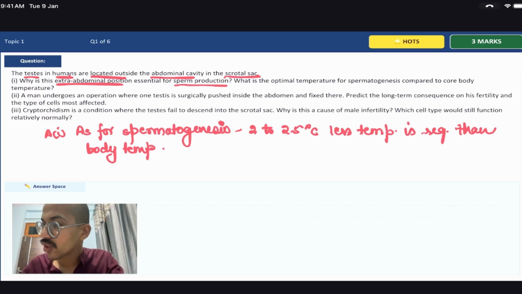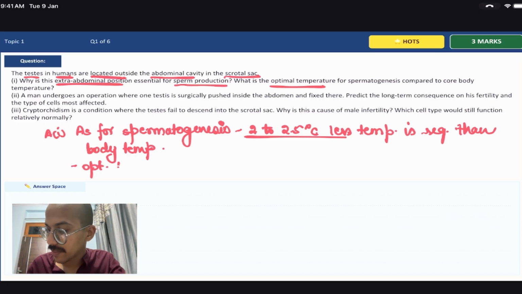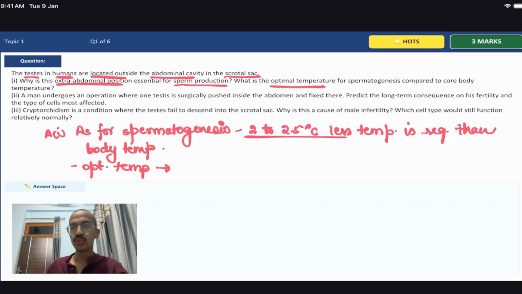Then it asks what the optimal temperature is. So you will write the next point: the optimal temperature will be 2 to 2.5 degrees Celsius lesser. If it is 2 to 2.5 degrees Celsius lesser, which basically means around 34 to 34.5 degrees Celsius.